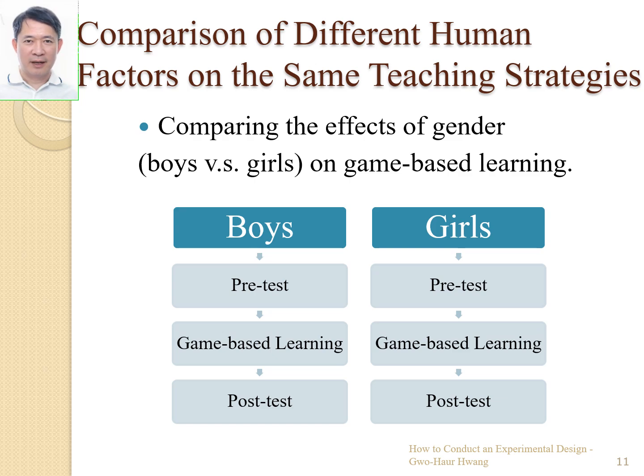However, I want to discuss not the comparison between game-based learning and traditional learning, but whether there are any differences between boys and girls in this kind of game-based learning. Our experimental subjects should be divided equally between boys and girls, and then we will analyze their differences. Of course, this also requires a pre-test and a post-test.